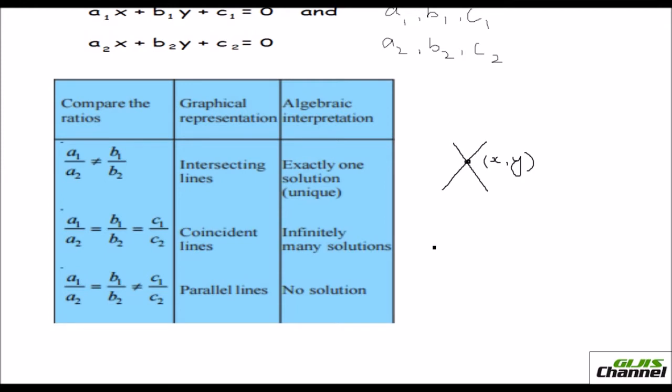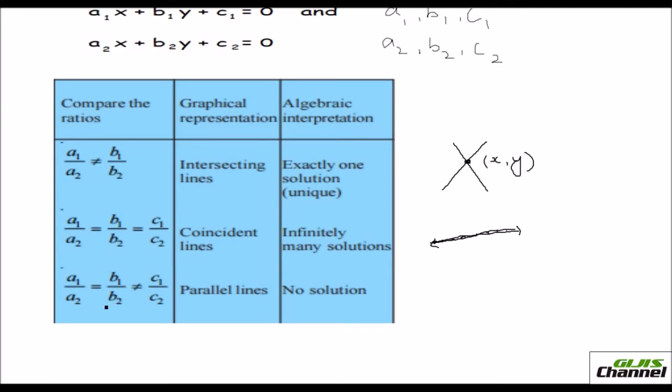Now when the lines are overlapping, if this is one line and you have another line just overlapping, this is what happens when a1 over a2 is equal to b1 over b2 is equal to c1 over c2. They overlap, so each and every point on the line is a solution for these equations. So you have infinitely many solutions.